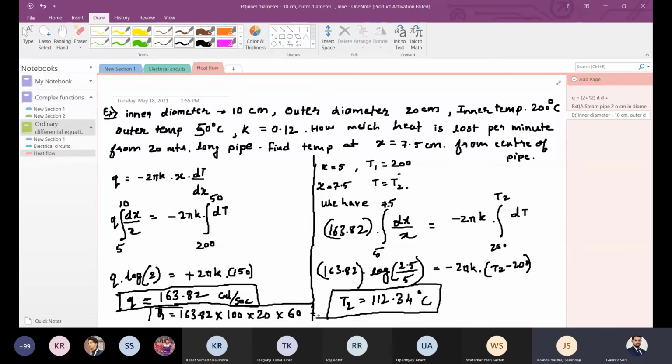So how is it log of 7.5 upon 5? Now what is the integration of dx upon x? Log x. So when you put the upper limit, it is 7.5 upon 5. Yes, that's it. 7.5 upon 5. Thank you.